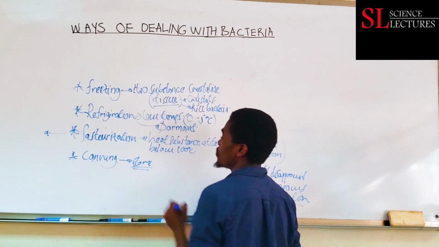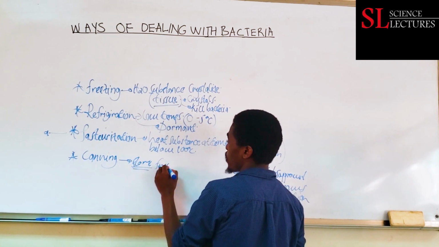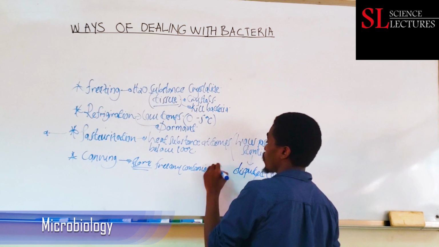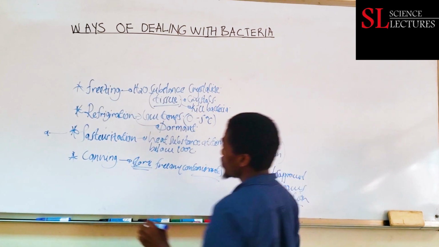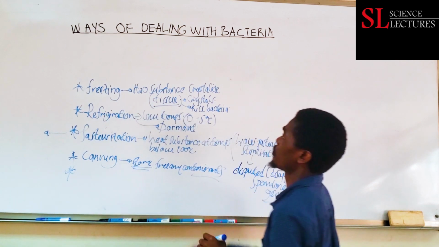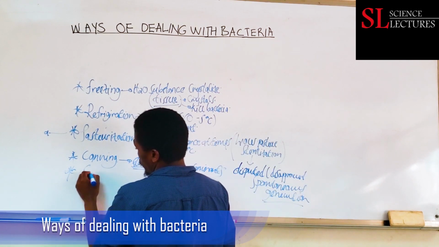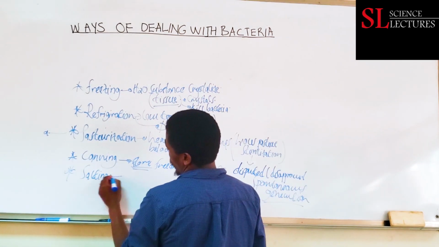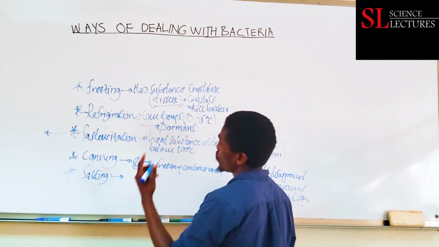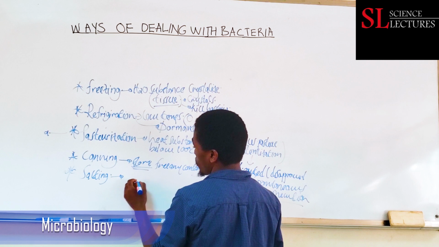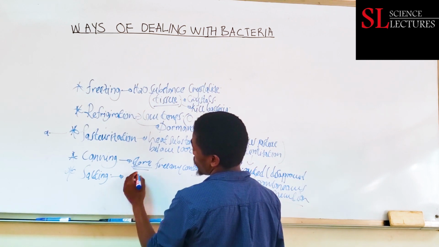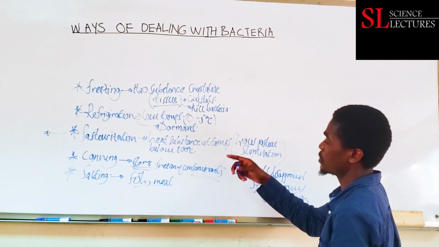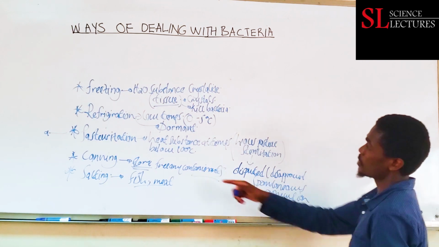This method makes sure that food is free from any contaminating bacteria. Then, as a method of dealing with bacteria, we can apply salting, where we sprinkle salt around the substance, for example a piece of meat or fish. This helps to kill the bacteria.